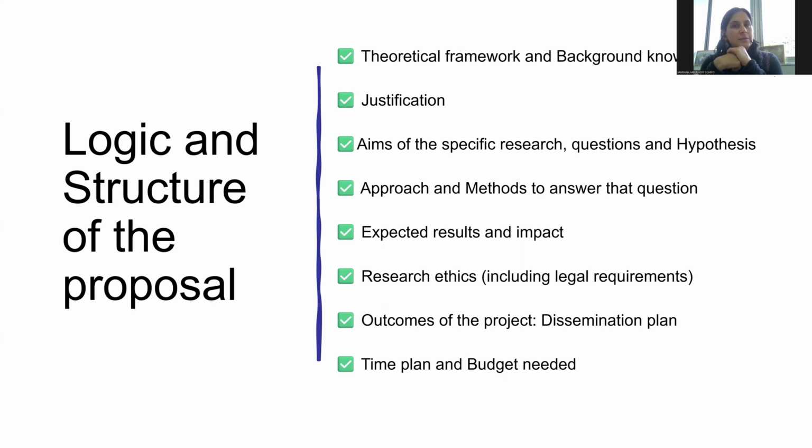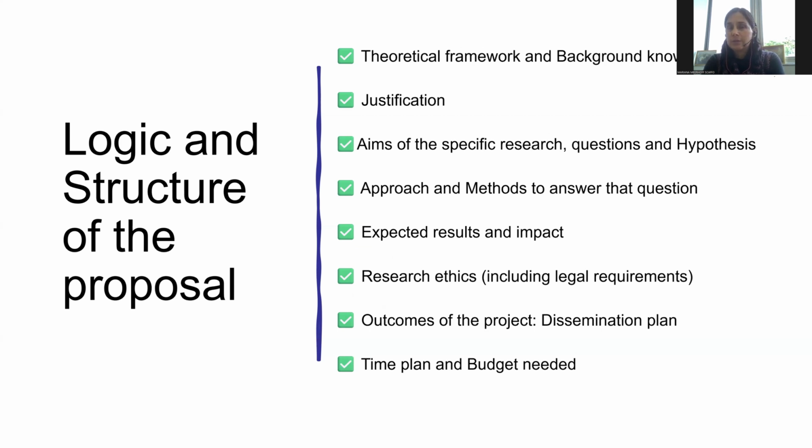Very often you are asked about the justification of your research, the aims of your specific research, and the questions and hypotheses associated to those questions. Then follows a section that asks for the approach that you will follow and the methods to answer those questions.